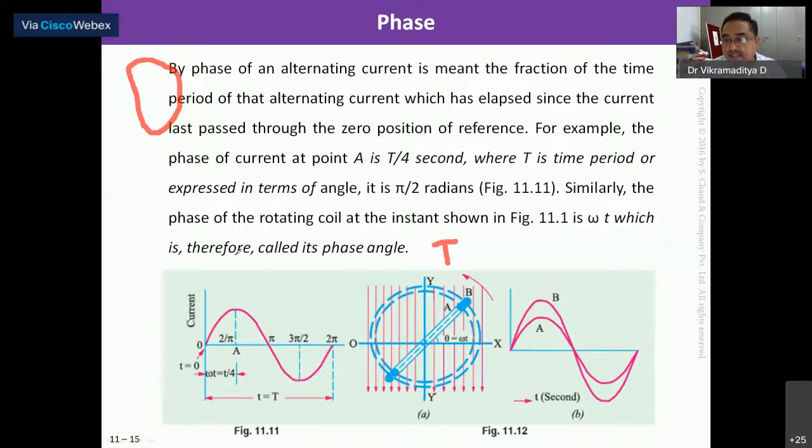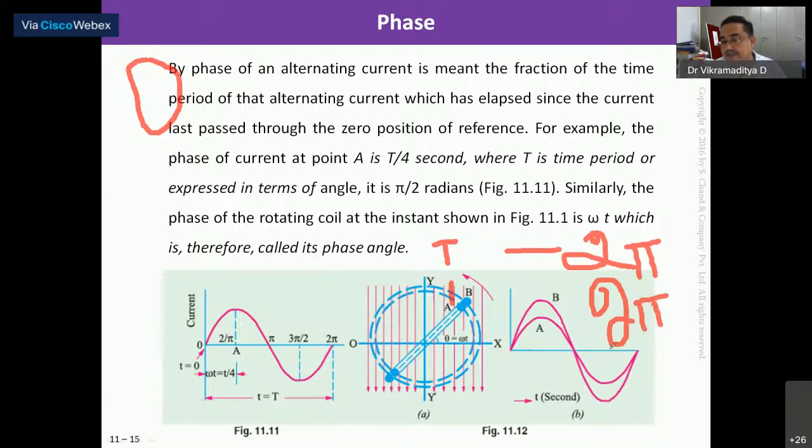That 360 degrees is also written, in terms of pi, as 2 pi. When I say T, T means the time taken to complete one cycle, and one cycle is nothing but 2 pi. So in 1 second, how much will it be? 2 pi by T, as per the unitary principle.